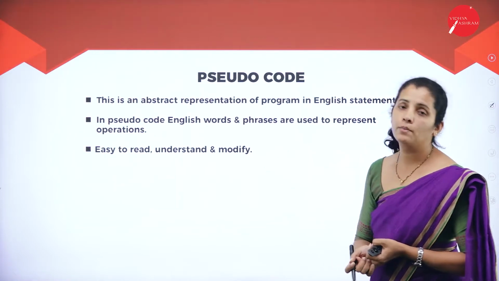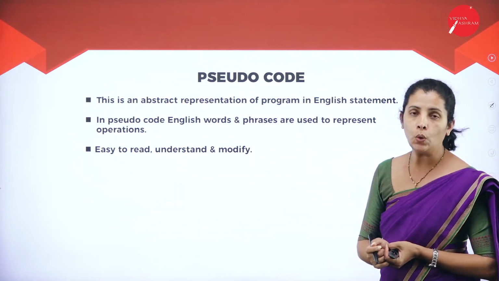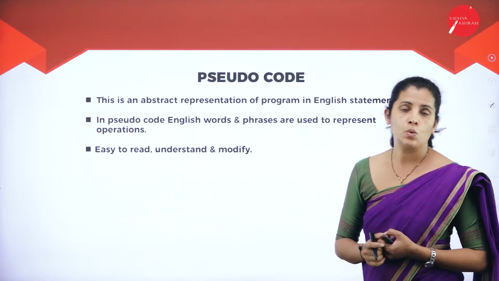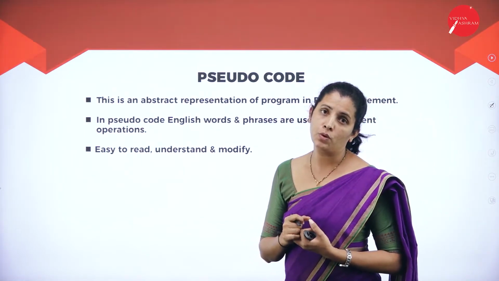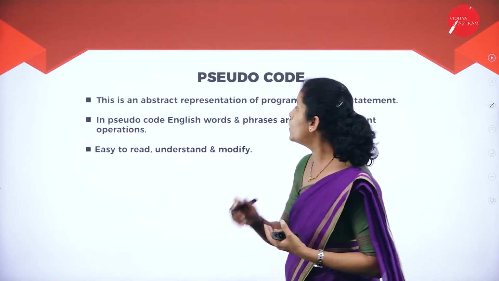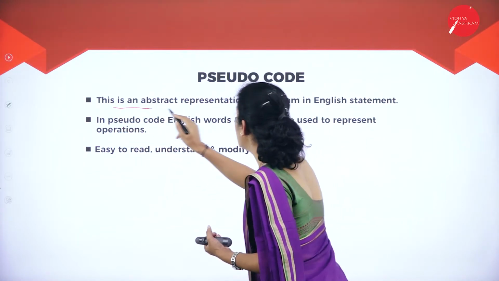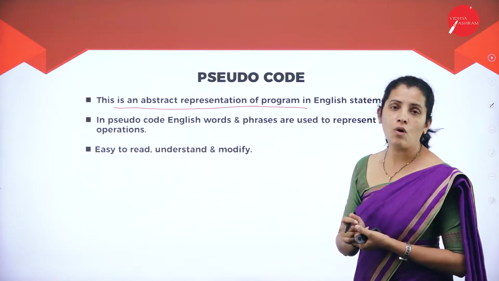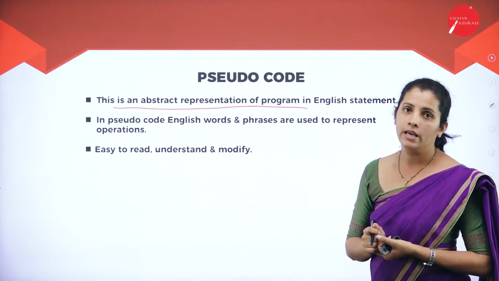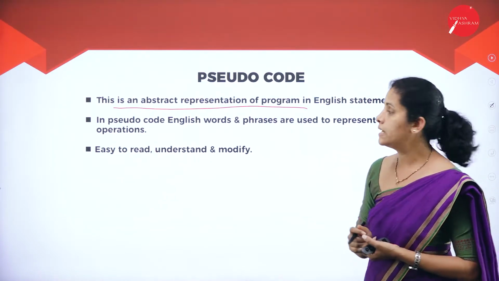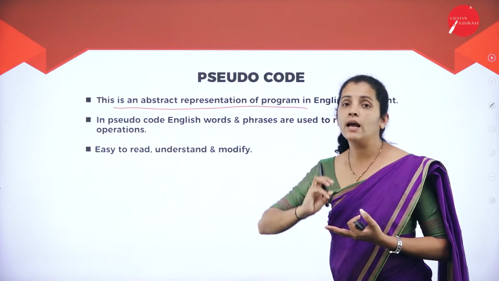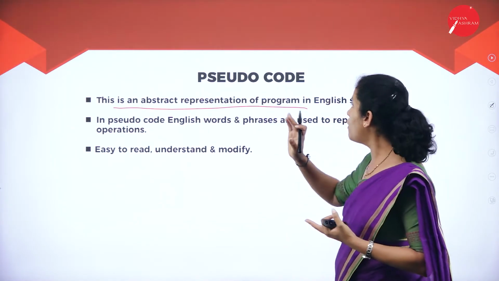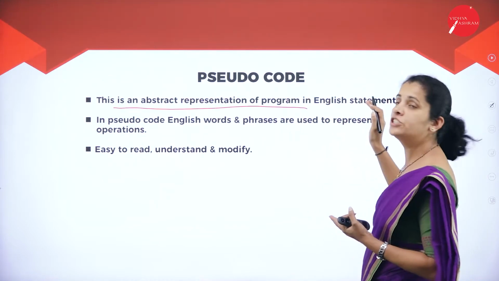Moving further, I'm going to have pseudocode. So what is pseudocode? Why do I require pseudocode? What is the use of pseudocode? Here pseudocode is nothing but the abstract representation of a program in English language. That means whatever problem I have, I'm going to represent it in the form of English statements.